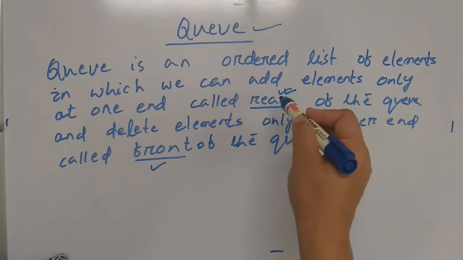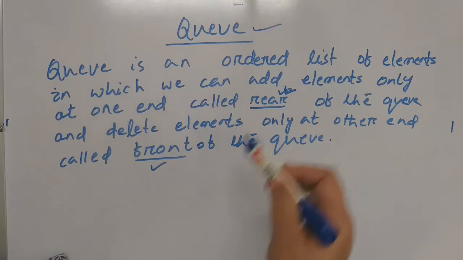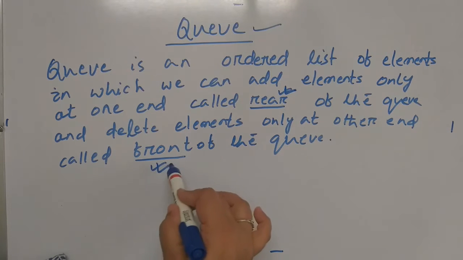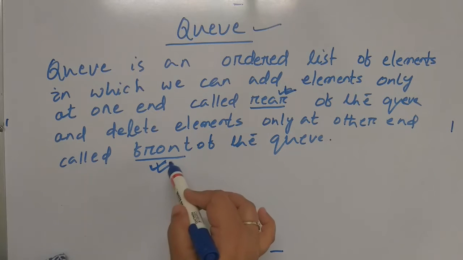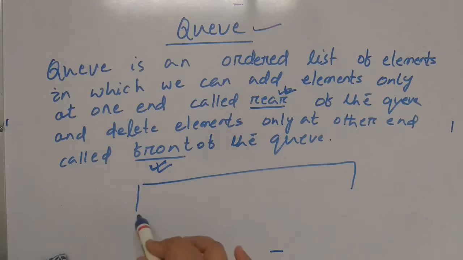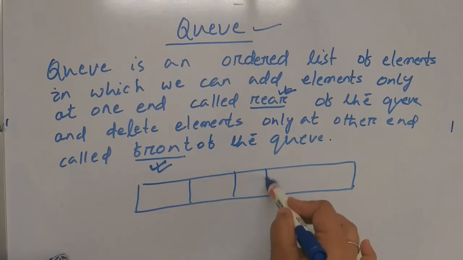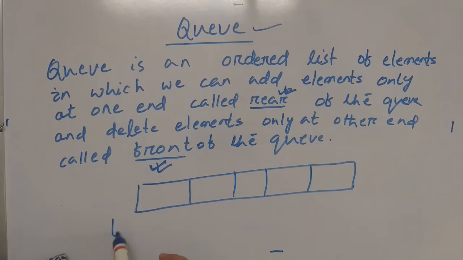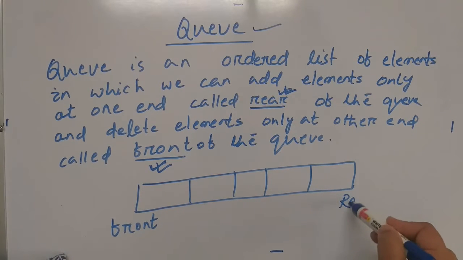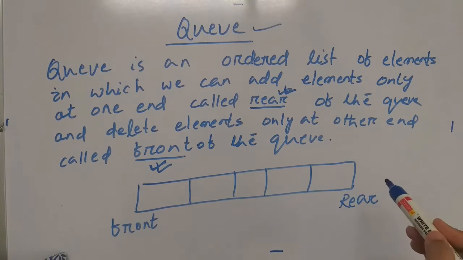The adding is done at the rear end, and for deletion we use the other end, which is called the front. So we basically use two ends: the front, where the deletion happens, and the rear, where the insertion takes place.